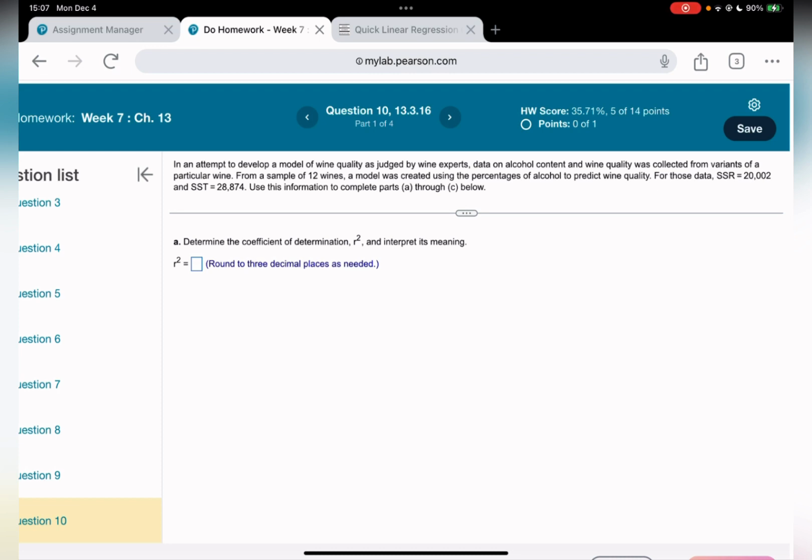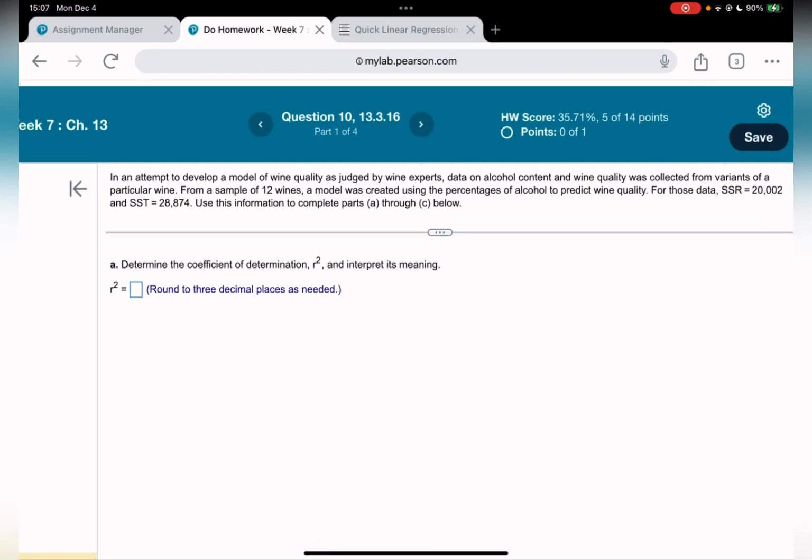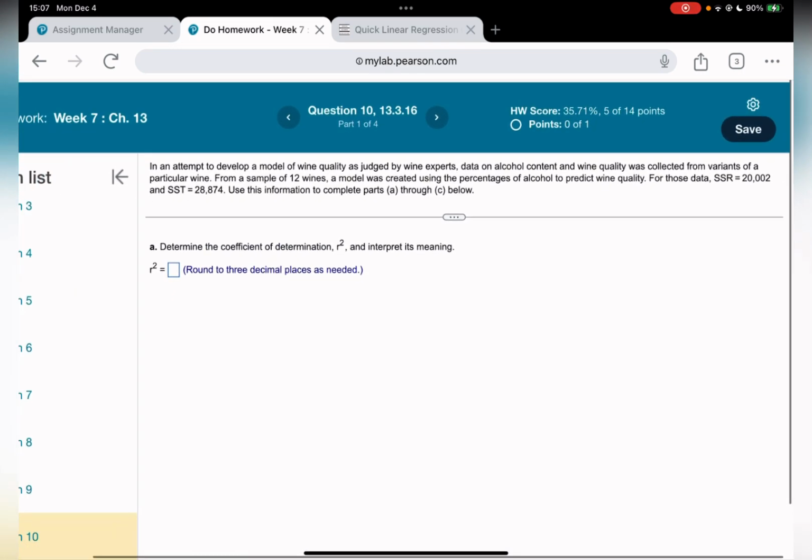In an attempt to develop a model of wine quality as judged by wine experts, data of alcohol content and wine quality was collected from a variety of a particular wine. From a sample of 12 wines, a model was created using the percentage of alcohol to predict wine quality.